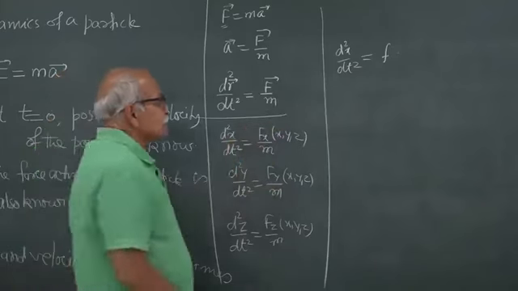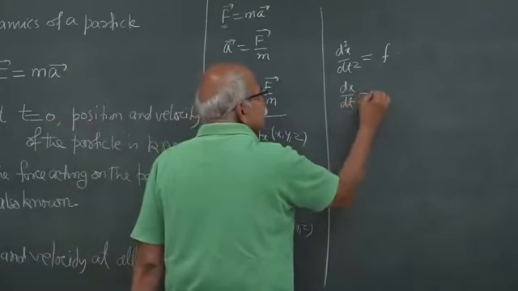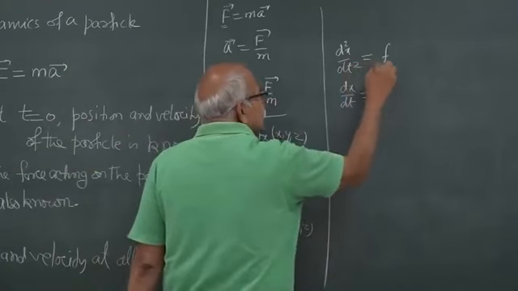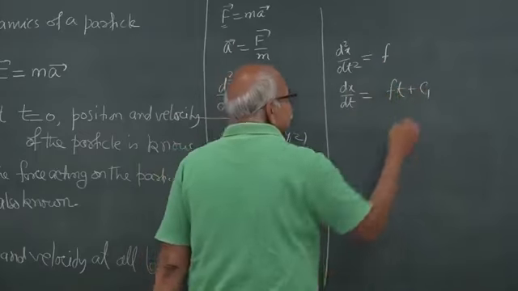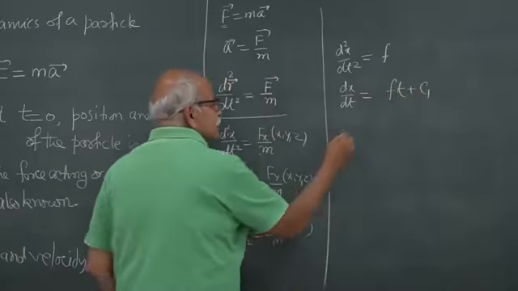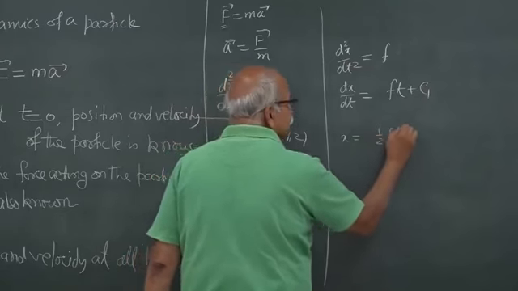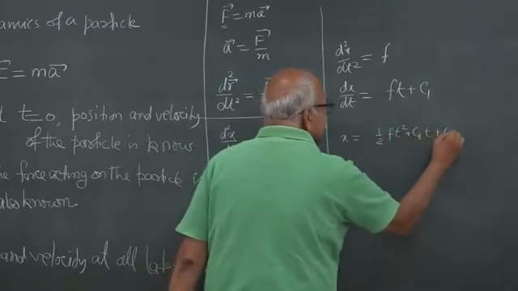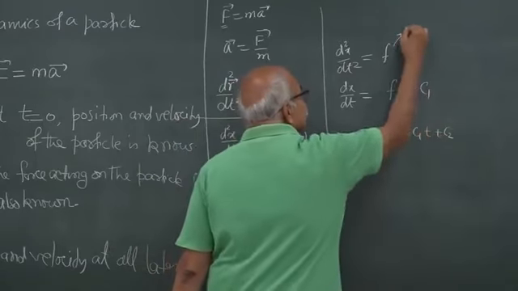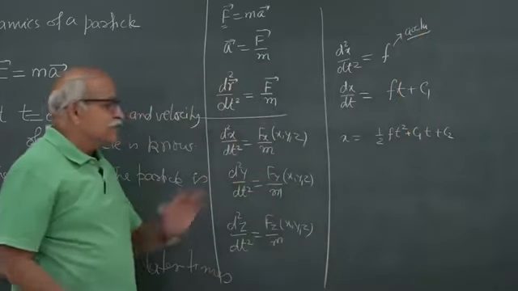So, that is this, and then you can always integrate it. dx dt is equal to, this is one integration, F into t plus some constant c1, and then integrating again, x is equal to half F t square plus c1 t plus c2, and this is the acceleration which is constant, which is known because it is F divided by m.